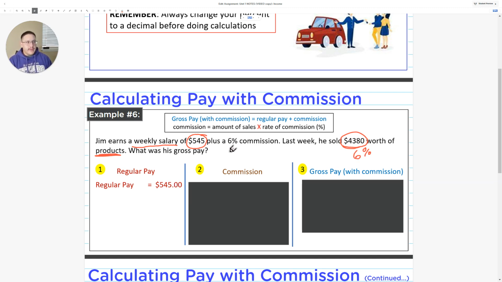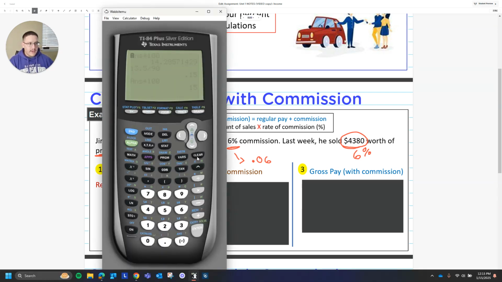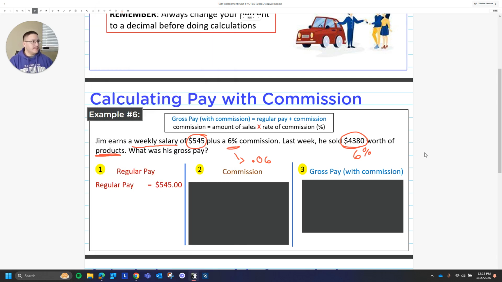Now, before we do anything, 6% has got to change into its decimal form, which will be 0.06. Again, you can move the decimal point to the left twice, fill in the 0. Or you can take the percentage, plug it into the calculator, and divide by 100. And you will get the same thing, 0.06.